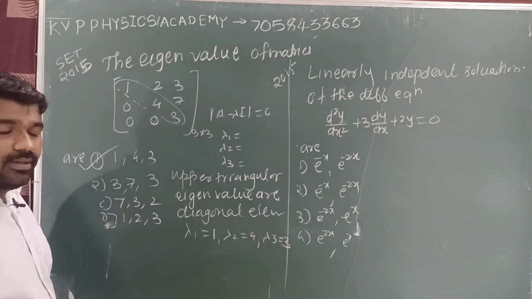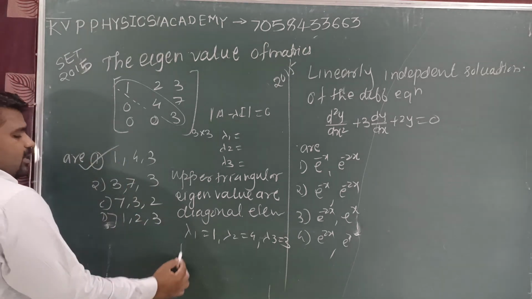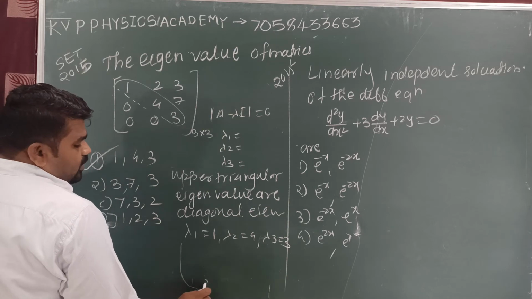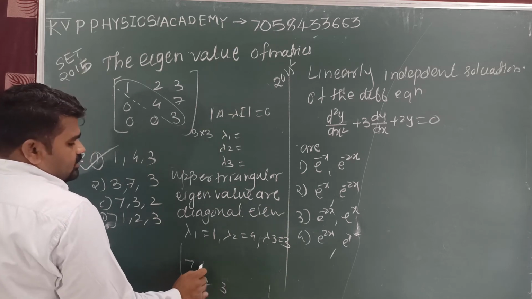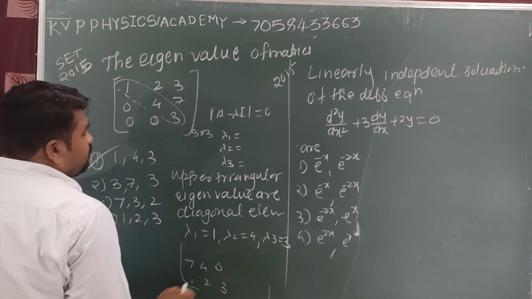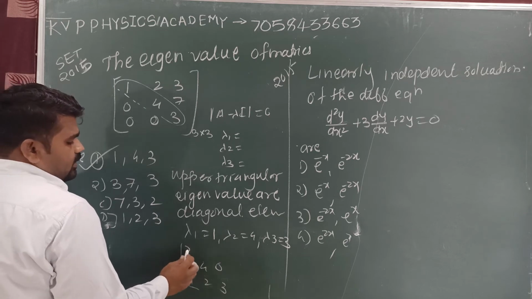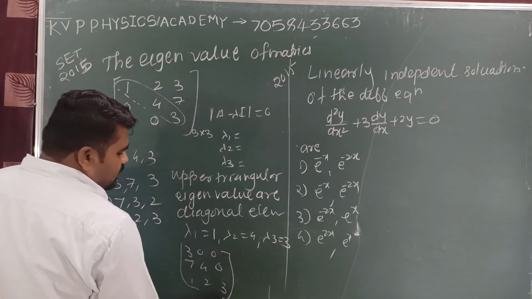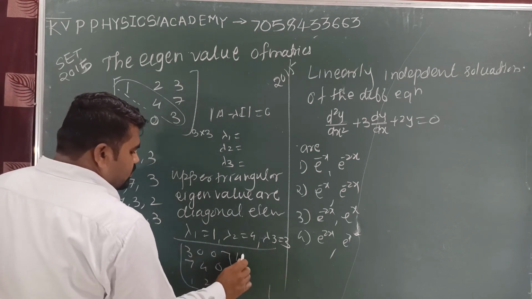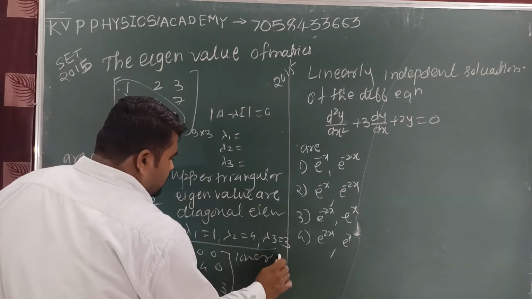Option number 1. Okay, same matrix, but like this. Suppose 1, 2, 3, next 7, 4, 0 and 3, 0, 0. Okay, this one is a lower triangular matrix.